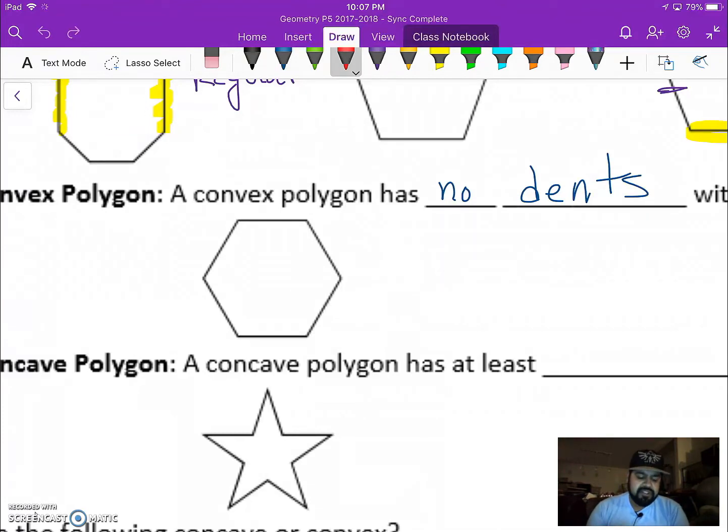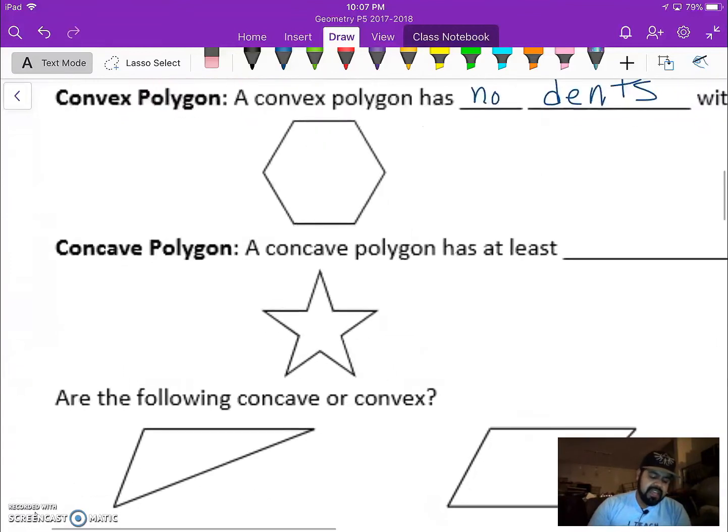Another way of showing it is, if I draw a point anywhere inside my shape, I should be able to draw a straight line to any other point inside the shape without leaving the shape. So I could connect a point from here to anywhere in the shape, and I don't ever leave the shape trying to connect a straight line to those points.